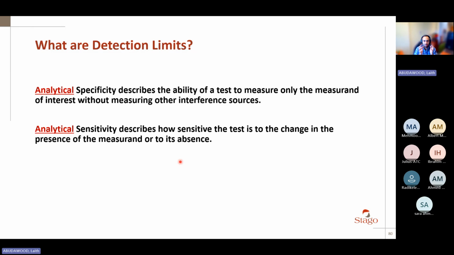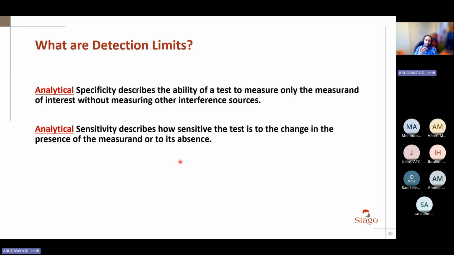So this means the test is not very sensitive. Sometimes the drug concentration will change a lot, but my test reaction will change just a little bit. So you will not see a very big change in units. This is called poor sensitivity, for example.